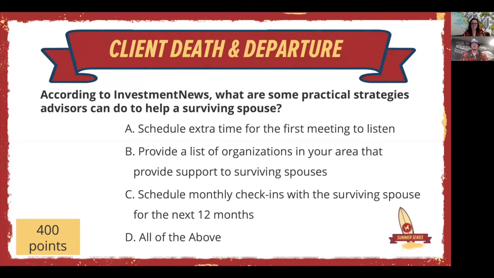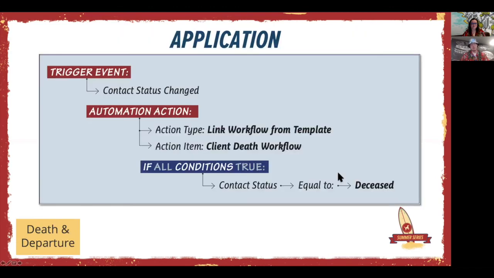If you answered D, all of the above, that is correct. These are all recommendations that came directly from Investment News about how to handle helping that surviving spouse through the loss of their loved one. And so what's our recommendation for doing this inside Redtail CRM? It's an automation.